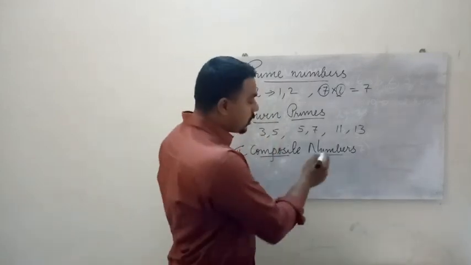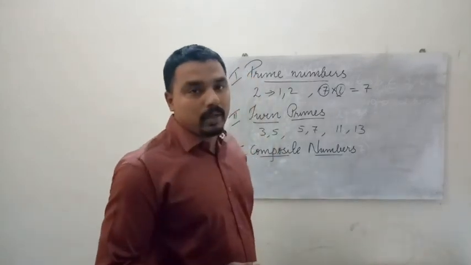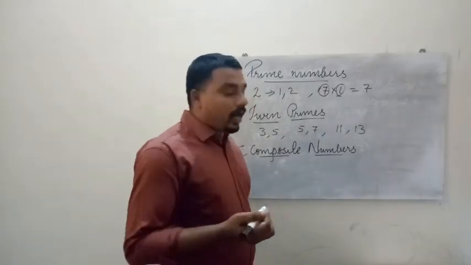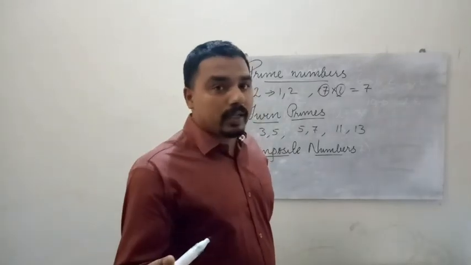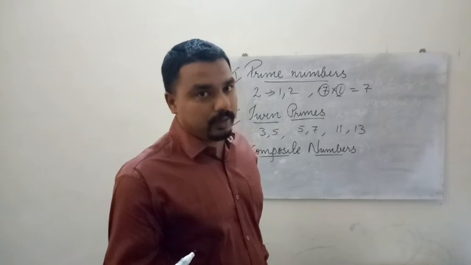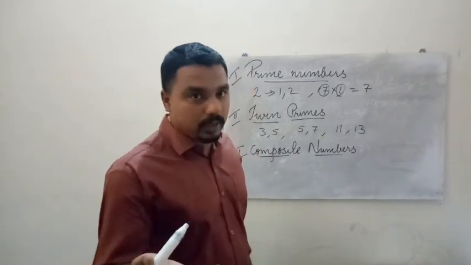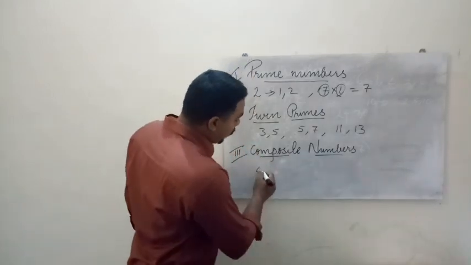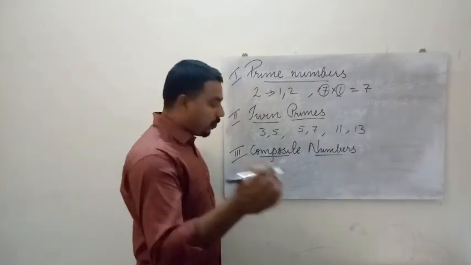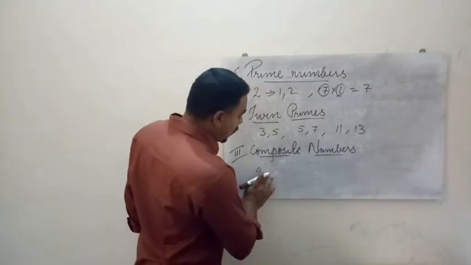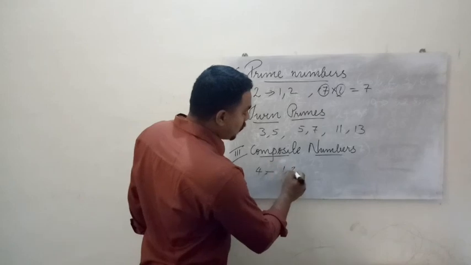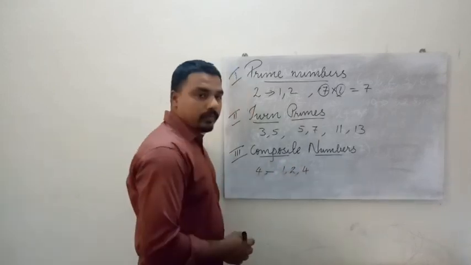Next is composite numbers. What is a composite number? The numbers which have more than 2 factors are called composite numbers. For example, take 4. 4 has more than 2 factors. What are those factors? 1, 2 and 4.